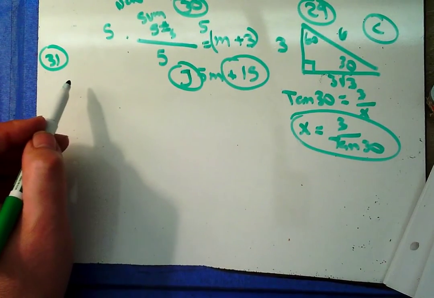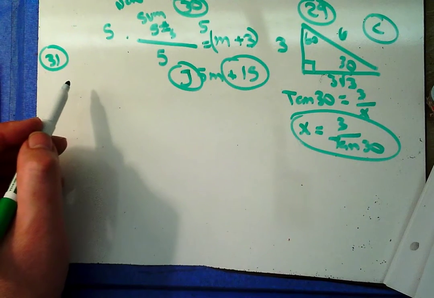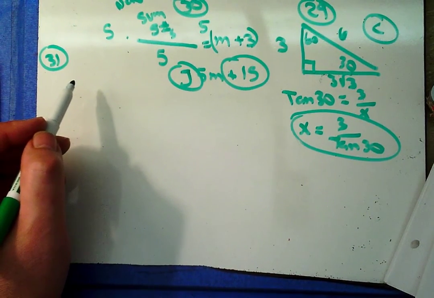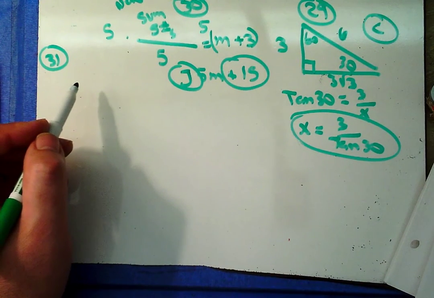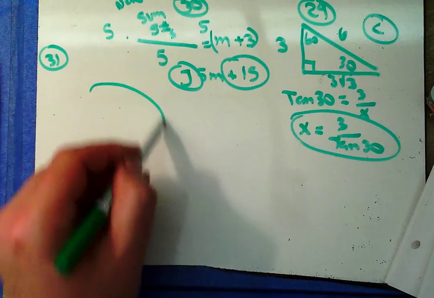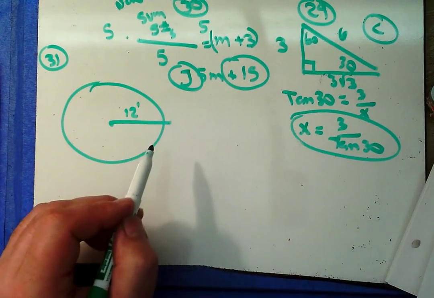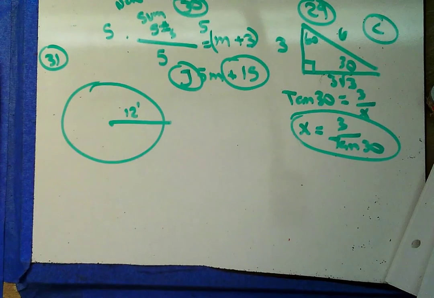31, Josh pounded a stake into the ground. Good for Josh. When he attached the dog's leash, he could walk 12 feet from the stake in any direction. So that's a circle with a radius of 12 feet. That's a pretty short radius, but okay. Use 3.14.